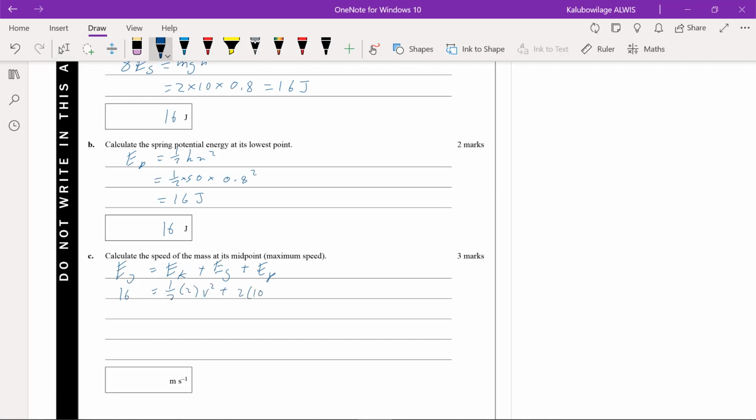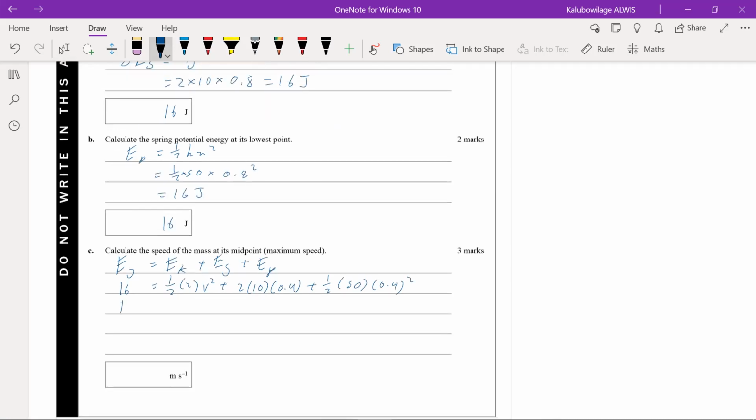Half mv squared plus 2 times 10 times 0.4, plus half of 50 times 0.4 squared. 16 equals v squared plus 8 plus 4. v equals 2 meters per second.